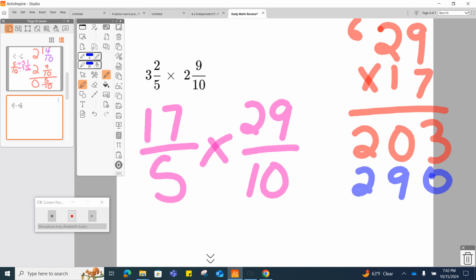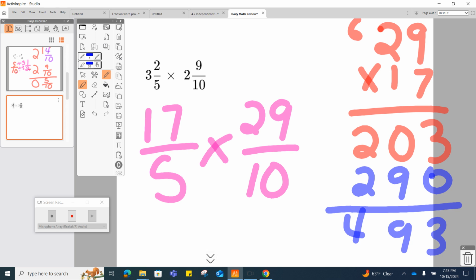Since I'm multiplying by the digit in the tens space, I have to start that at the tens space. Now I can add these, 493, over 50.